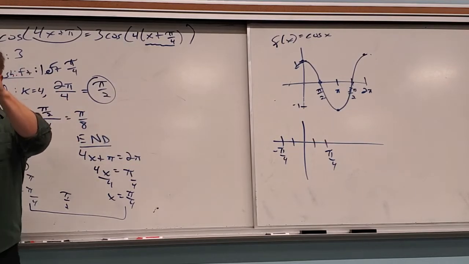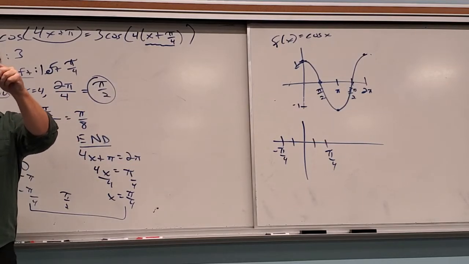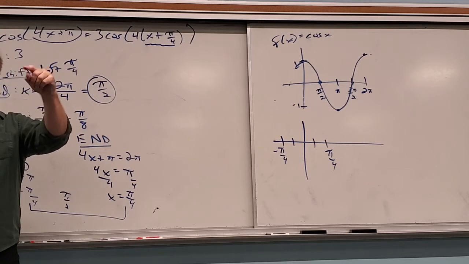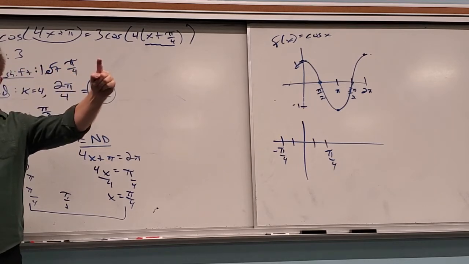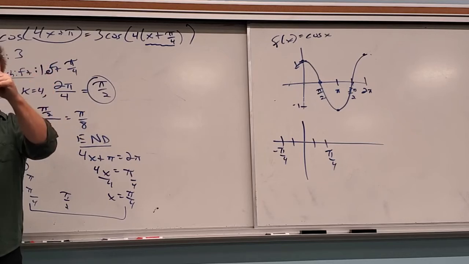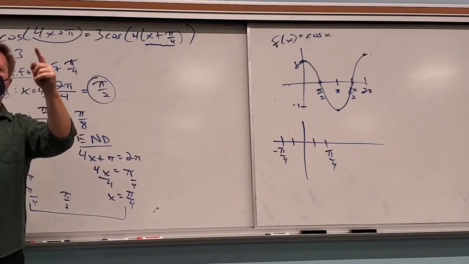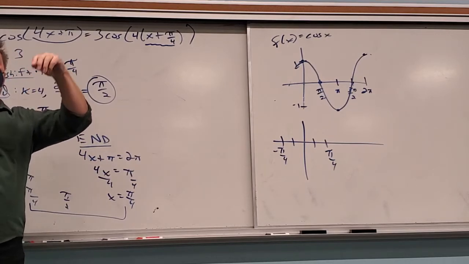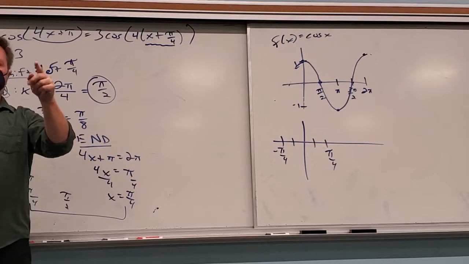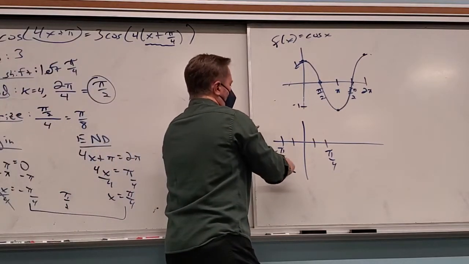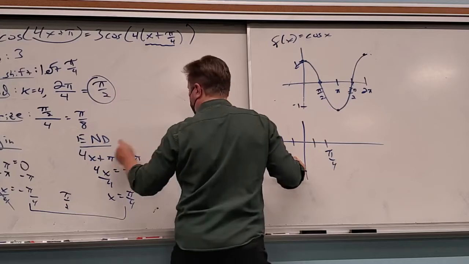So again, what's normal sine do? It's 0, pi over 2, pi, 3 pi over 2, 2 pi. So I'm just doing that. I'm trying to figure out where's the next major thing. Where is it 1? Where is it 0? Where is it negative 1? What is negative pi over 4 plus pi over 8?